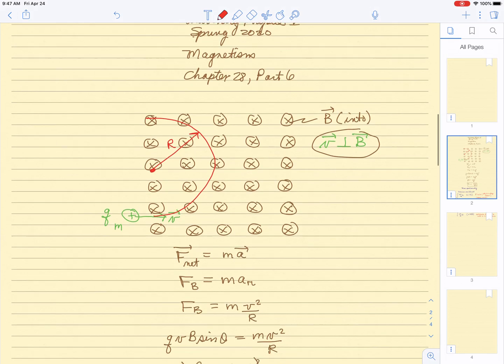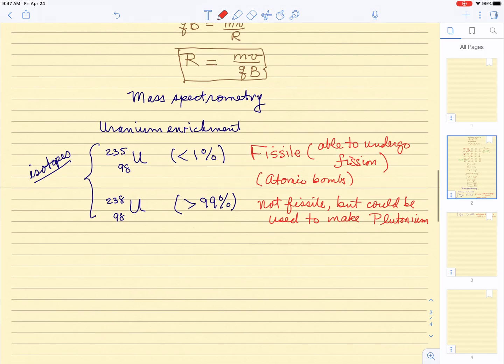So plutonium is fissile, and plutonium was used in the second of the two atomic bombs dropped on Japan.